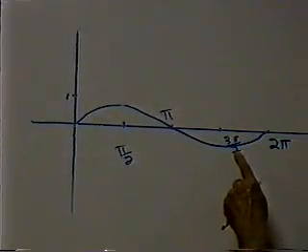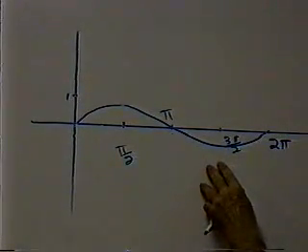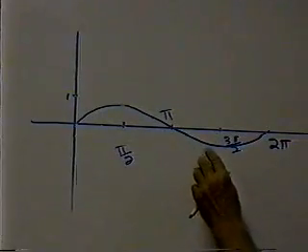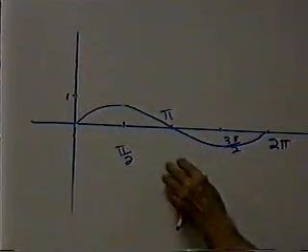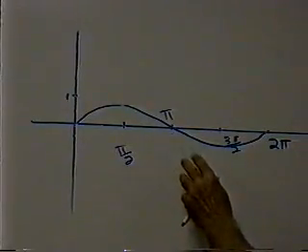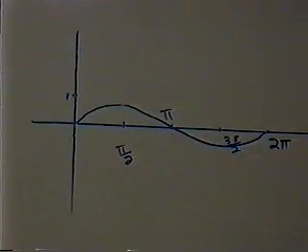That's not the point. The first part of this tape is the concept: what does a sine curve look like? What does a cosine curve look like? What is a tangent curve, cotangent, secant curve? Where does it cross the axis? Where is it at maximum and minimum points? And those things, all right?